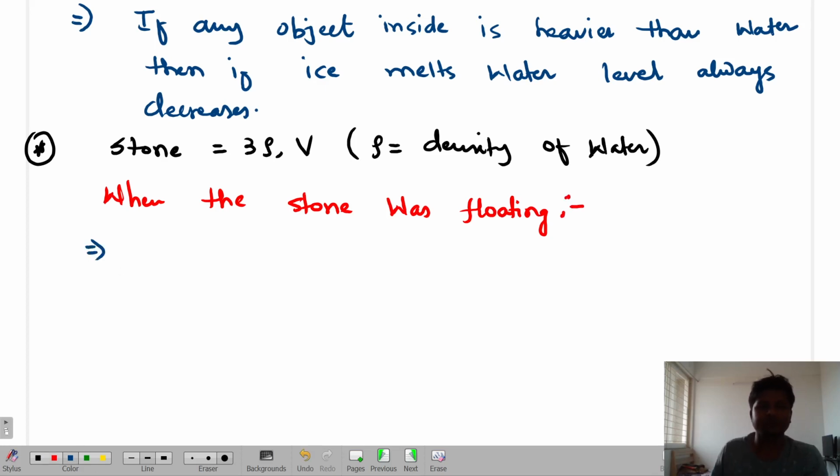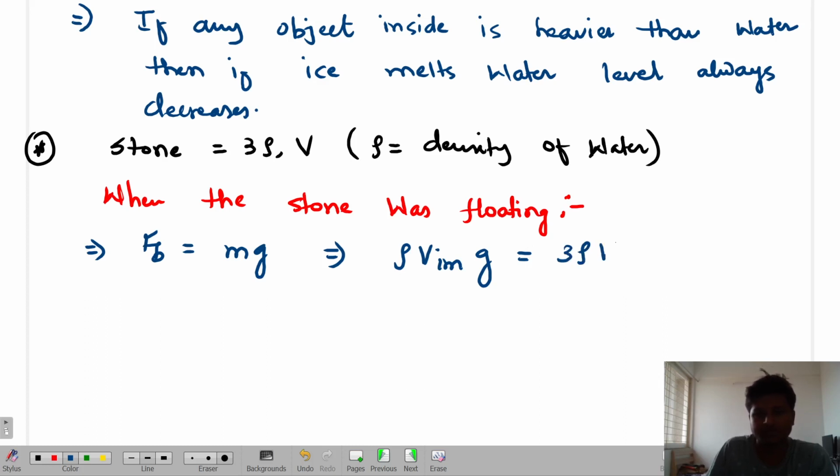Means it is only floating when it is trapped inside ice, isn't it? So buoyancy force will be equal to how much? mg. And what is my buoyancy force? So ρ into volume immersed into gravity g. What is m? That is density of the stone, which is 3ρ into volume into gravity g, isn't it?